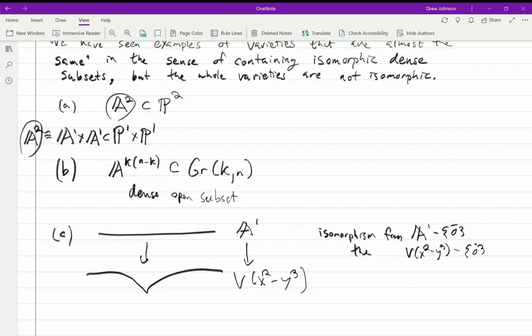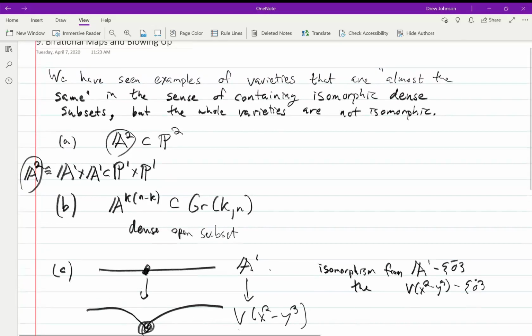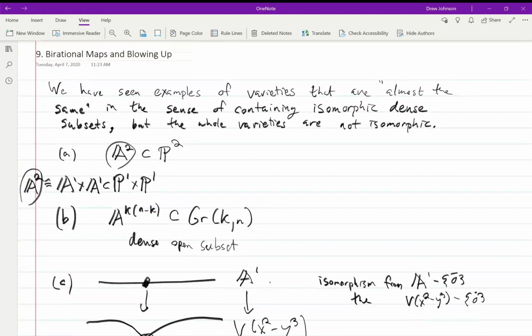If you take out the origin and this point here, this is actually an isomorphism, but it's not an isomorphism from A1 to V of x squared minus y cubed, because there's a singularity here. It's not the same thing. But it is an isomorphism on an open subset. So that's an example of this kind of thing.